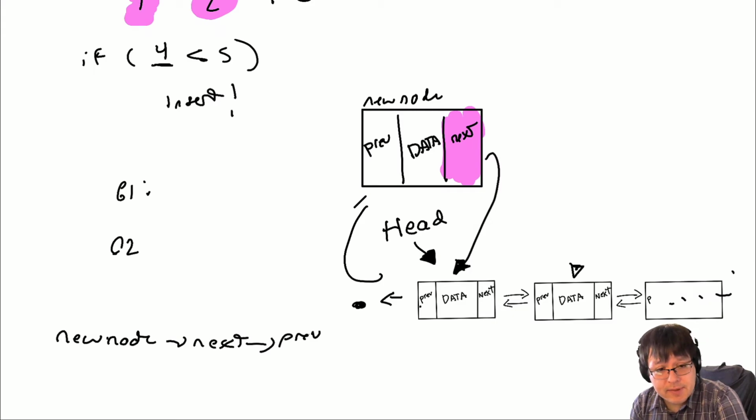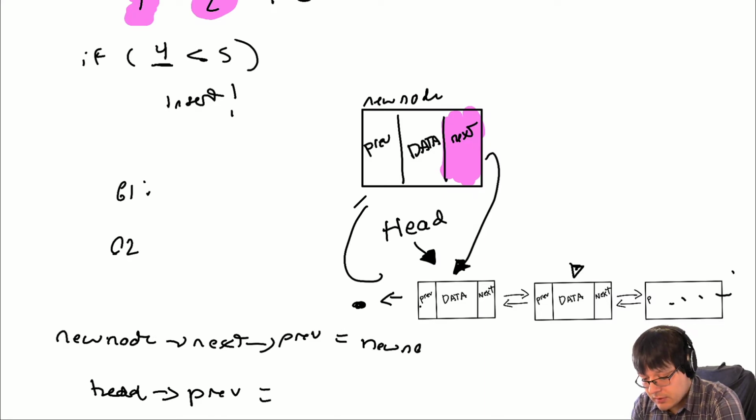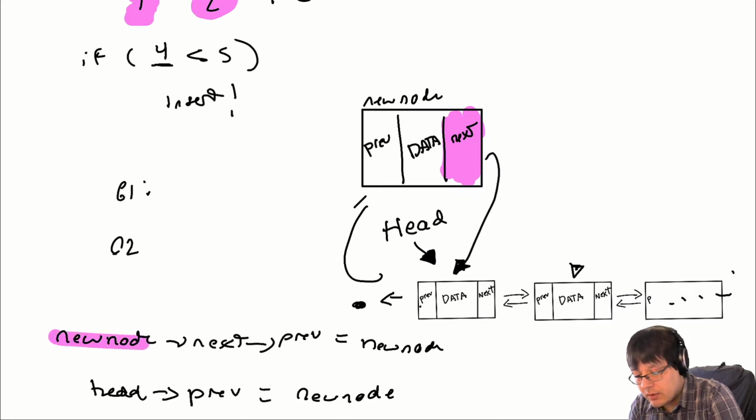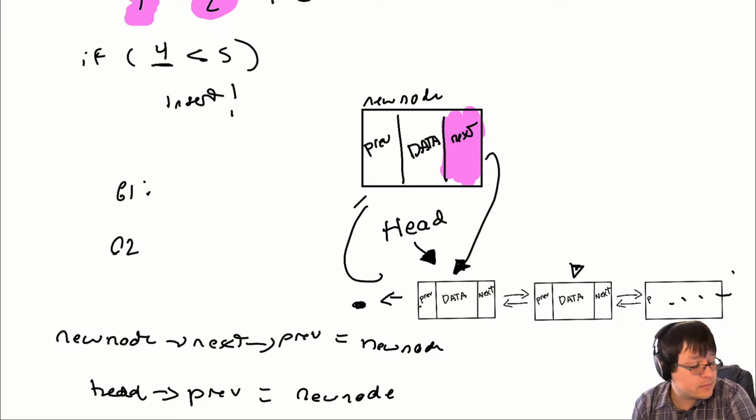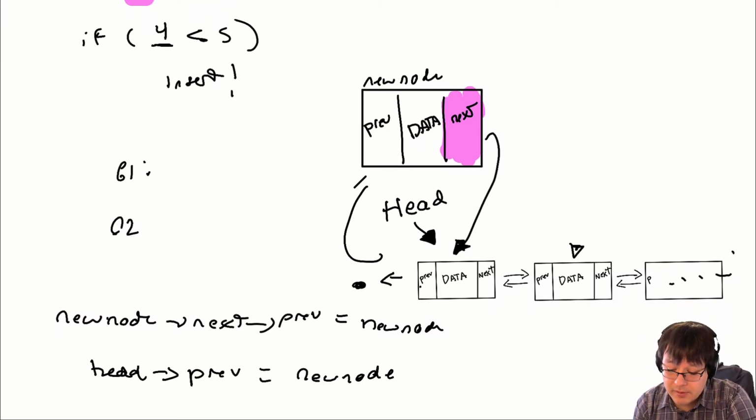But it's so much easier to just say head previous gets new node. So these two lines of code are equivalent, okay? But as you can see, one of them requires less writing, therefore it's better.